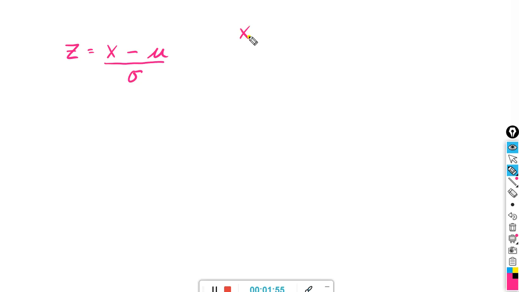So x is just one of the data points, and this Greek letter mu is the mean, or average. And this Greek letter sigma is your standard deviation. So I'm pretty sure for these problems, they will be giving you these 3 values.